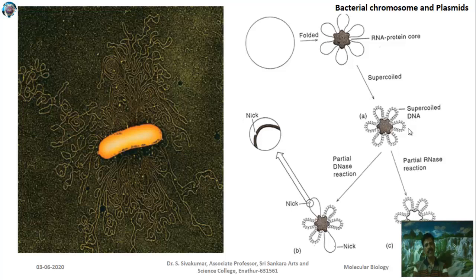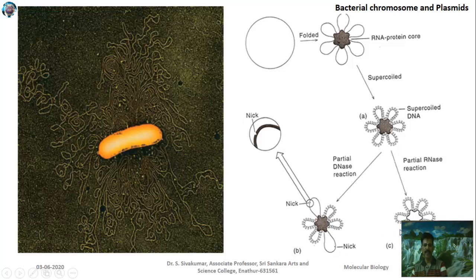So when he treated this coiled, folded genome with RNAse, he found that at certain regions the loop size of the supercoiled DNA increased. When he treated the core with DNAse, you can see that the supercoiled nature of the DNA is removed.